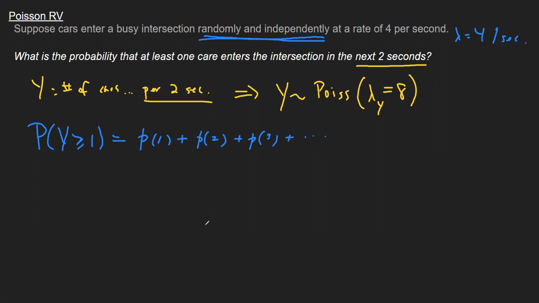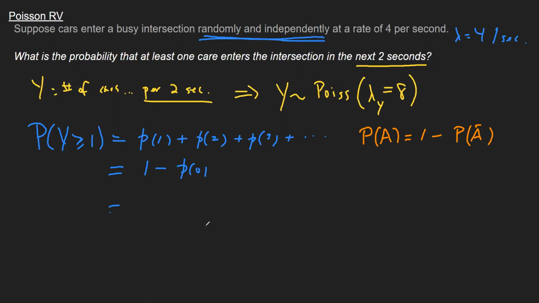Instead, I'm going to take advantage of the complement rule and just subtract the complement from 1, and that will give me the same event. Again, the rule, if you recall from earlier in the quarter, that we're applying is that the probability of an event could be obtained by subtracting the probability of that event's complement. If the event I want is all the values from 1, 2, 3 forever, then the opposite, the only one I'm not counting, is 0.